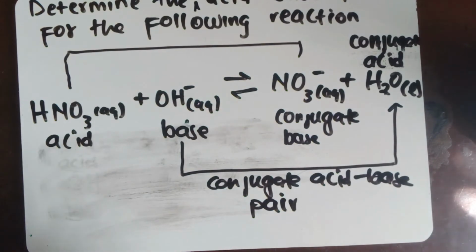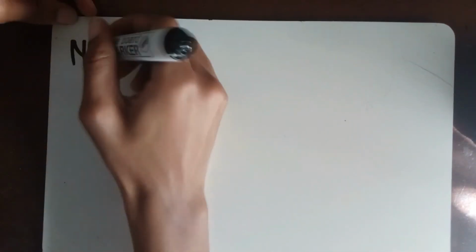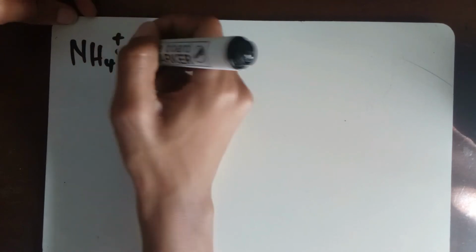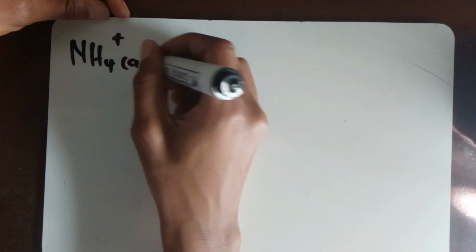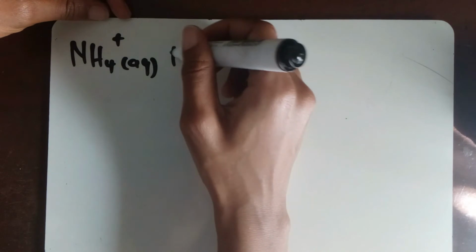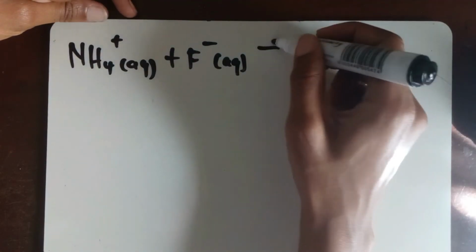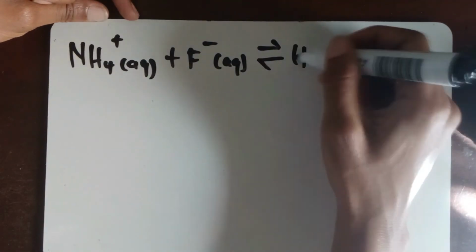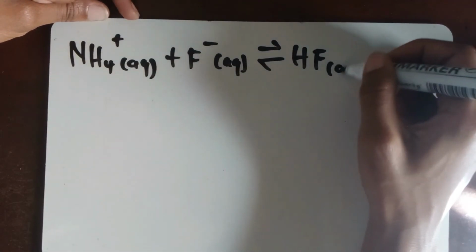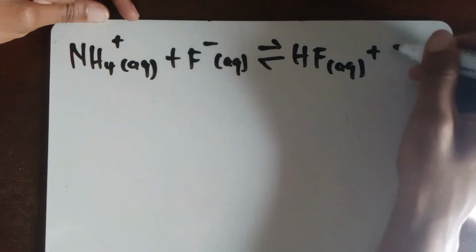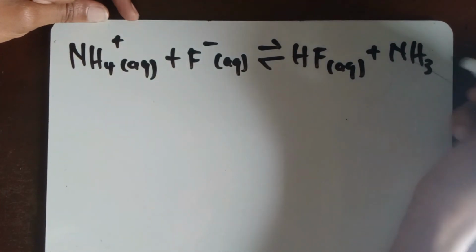Cool. We can also take the last example. Let's say we had NH4 plus reacting with F minus, and they say that it formed HF plus NH3, right?